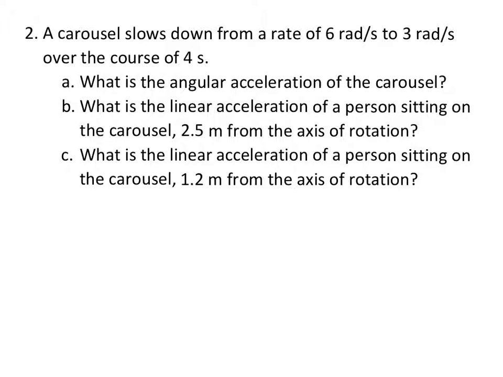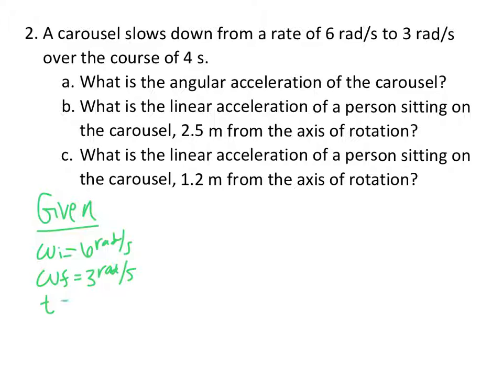So let's start with our given. It tells us that the initial angular velocity is 6 radians per second. Final angular velocity is 3 radians per second. And the time is 4 seconds.